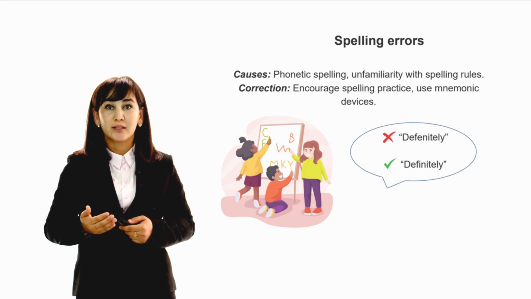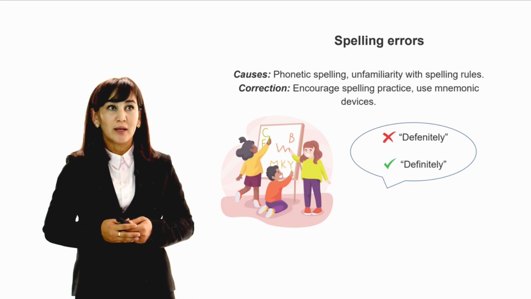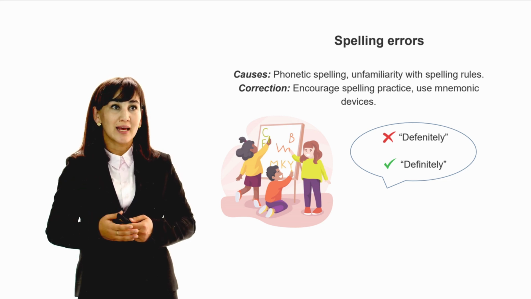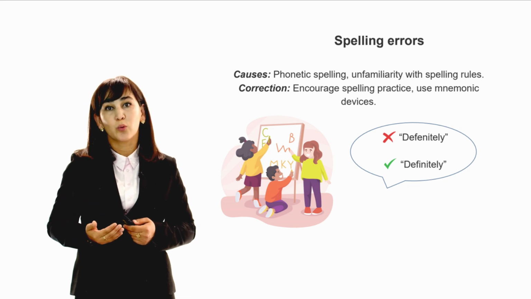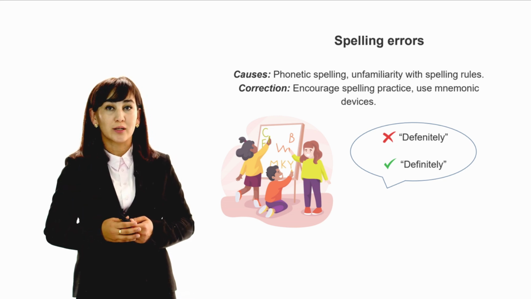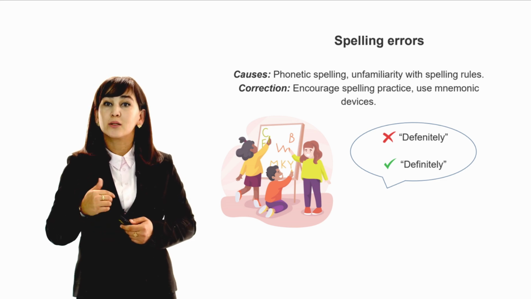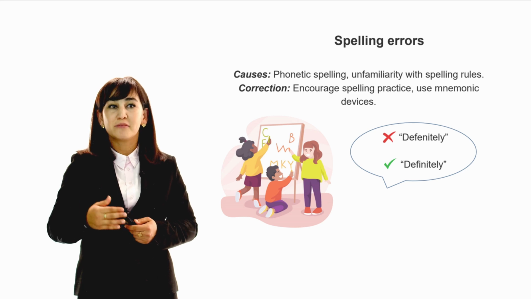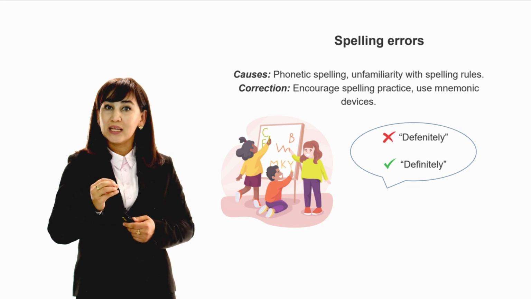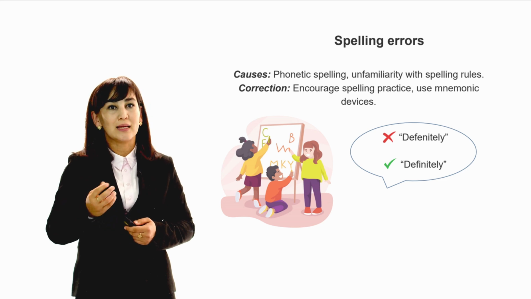As we have mentioned, as well as vocabulary, students may have spelling errors too. Here we can see several causes, like students don't know how to spell the words even though they can pronounce these words correctly. Here, we will encourage students how to spell correctly, and we can use mnemonic devices. For example, if a student writes definitely with E after F, we can change it into definitely, I after F.